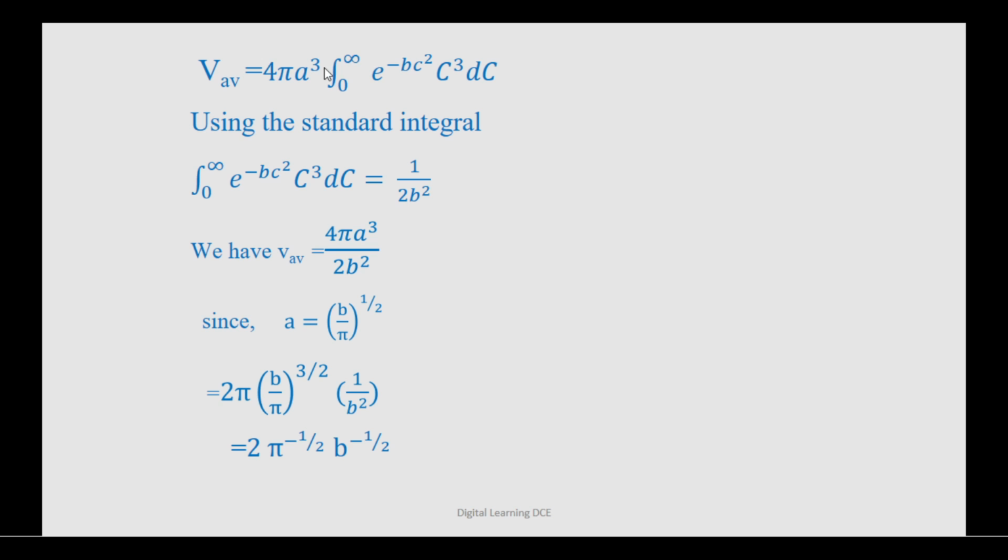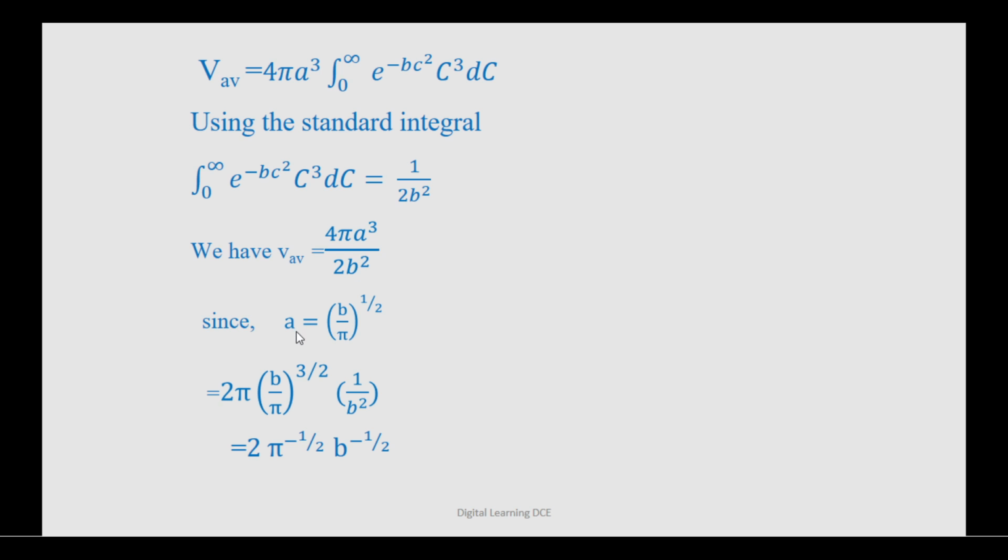This integral is one of the standard integrals, and its value is 1 divided by 2b squared. Then the expression for average velocity is 4 pi a cubed divided by 2b squared.